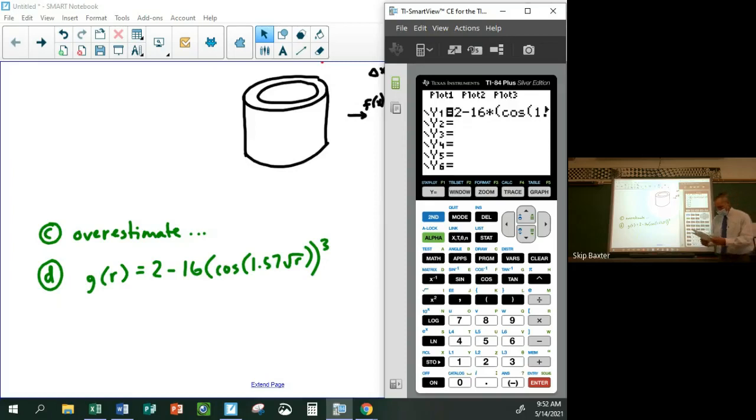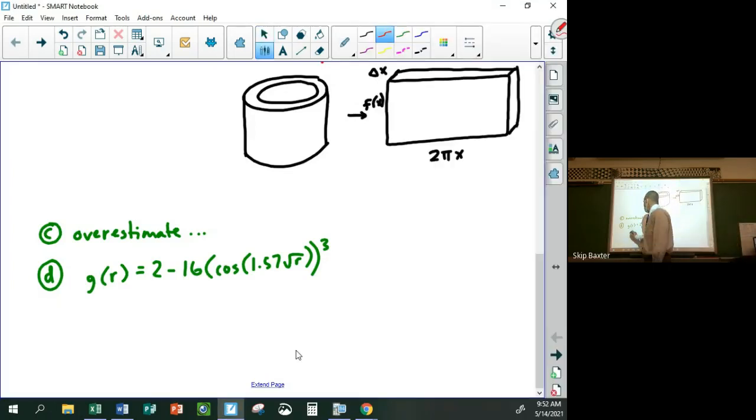Now the question says, for what value of k between 1 and 4 is g of k equal to the average value of g of r? That's not too hard, right? The average value of g of r on the interval from 1 to 4 is 1/3 times the integral from 1 to 4 of g of r. That's the number we're looking for.